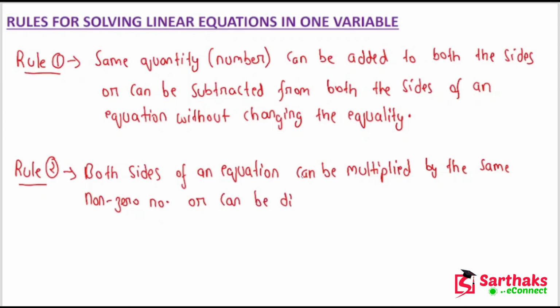Either you can multiply or you can divide, but the number should be the same. Both sides of an equation can be divided by the same non-zero number without changing the equality.